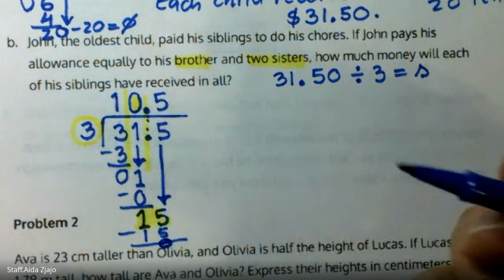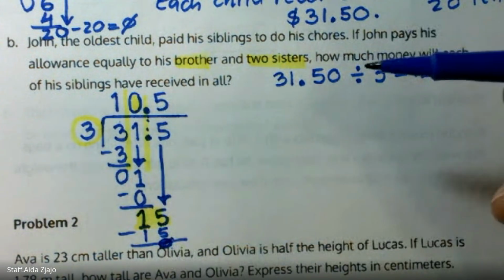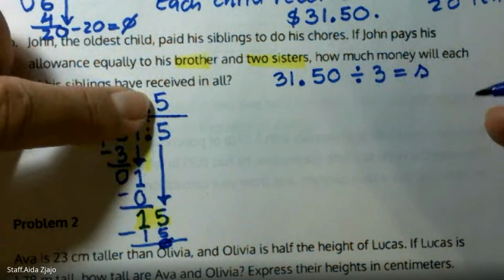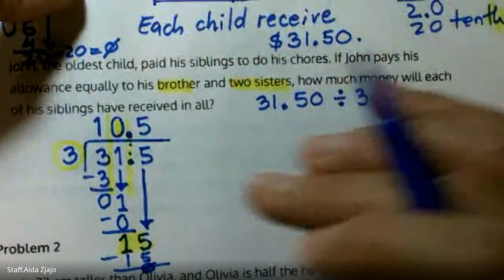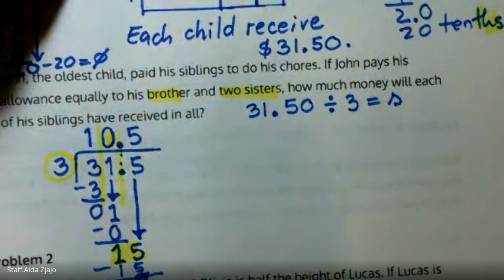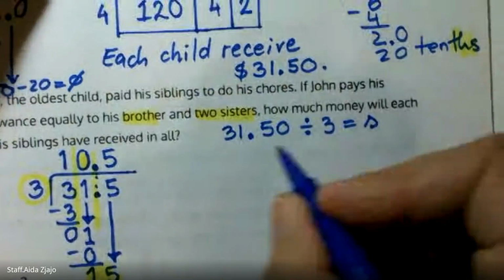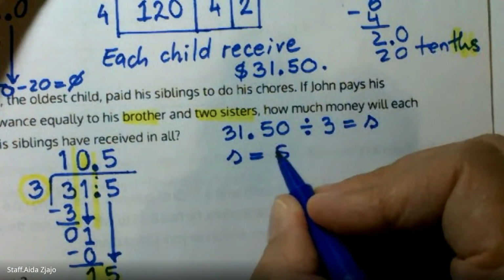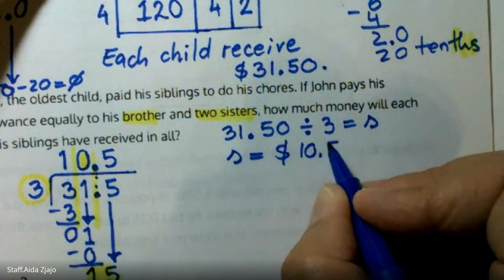He will have 0. So each of his siblings will get $10 and a half, or $10.50. So right now the answer is $10.50.